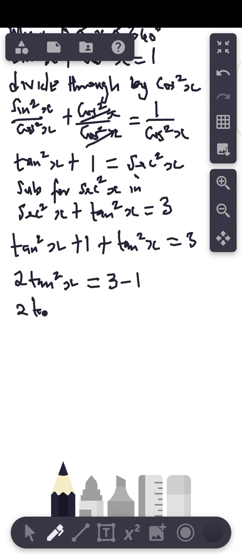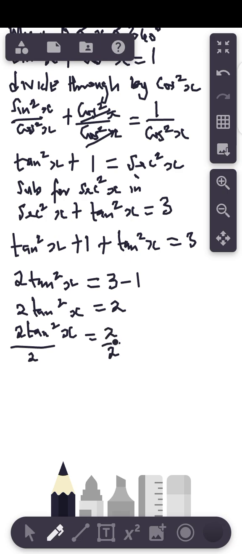So we have 2 tan squared x equal to 2. Now we can divide both sides by 2. So we have 2 tan squared x divided by 2 equal to 2 divided by 2. So we have tan squared x equal to 1.